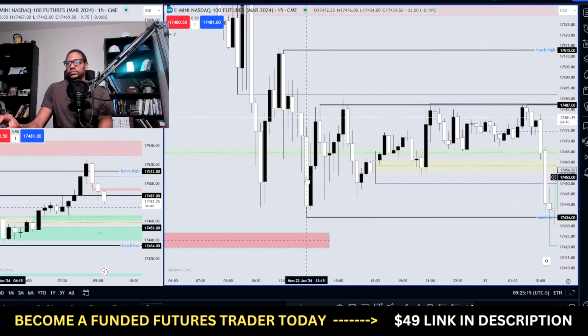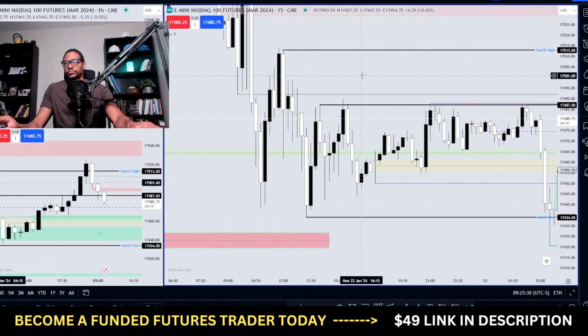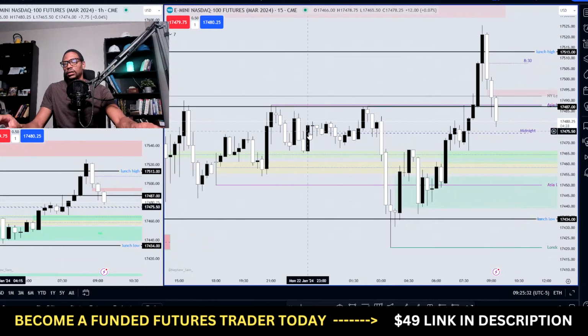We traded down just as the afternoon session started, and then we just consolidated for the remainder of the afternoon, leaving the lunchtime low here and the lunchtime high. Between those levels, we were looking for price to go to one of those two during the session, and nothing really happened. And then after the session was over, we saw more consolidation through the midnight hour.